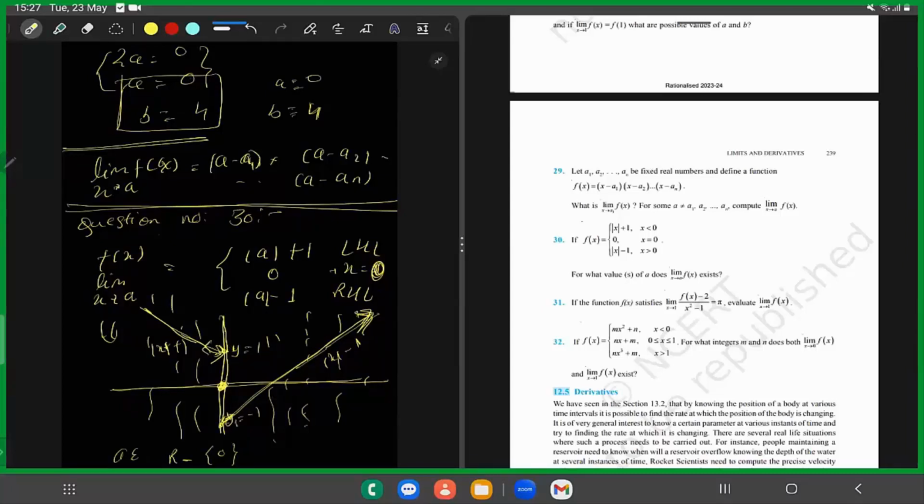So you can see that the left hand limit and right hand limit won't be equal. So a should not be equal to 0, otherwise it can be any real number.